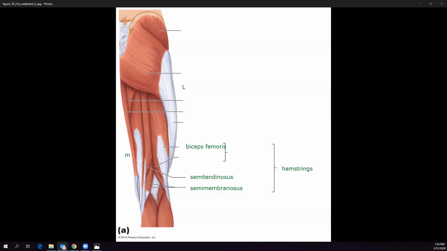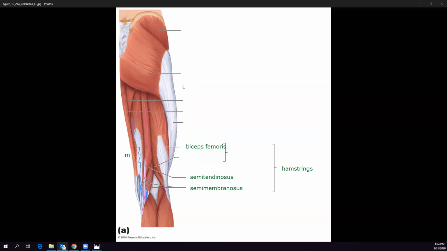Okay, so let's pick pink. The semitendinosus is all of this muscle right here, and this skinny tendon right here is the semitendinosus. But the semimembranosus is all of this muscle here and this muscle here, so this part of the tendon here and this part of the tendon down here.